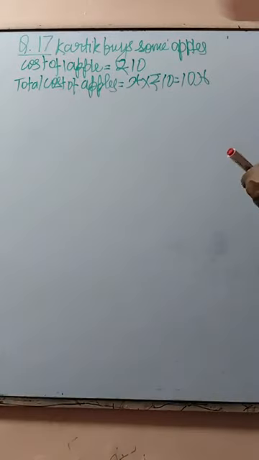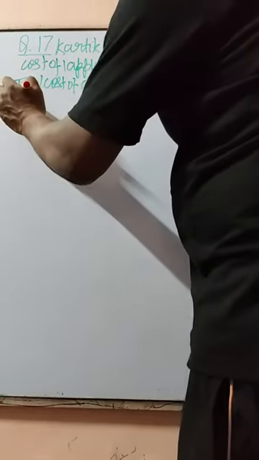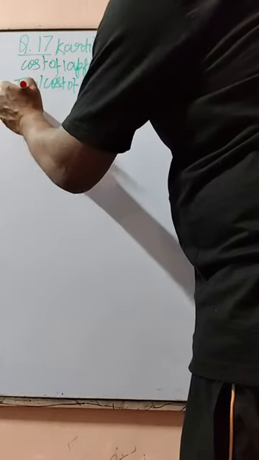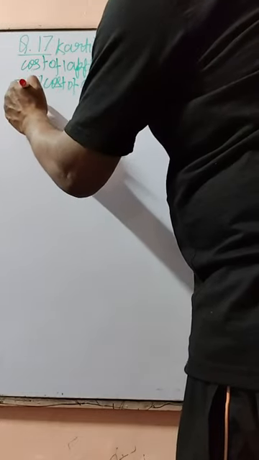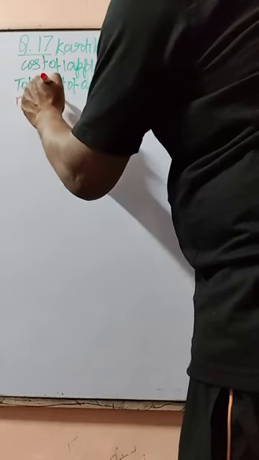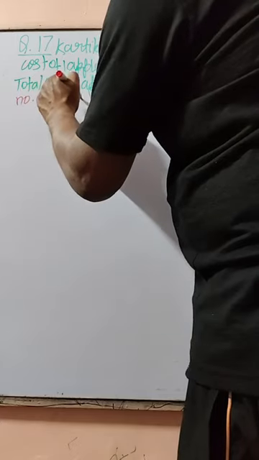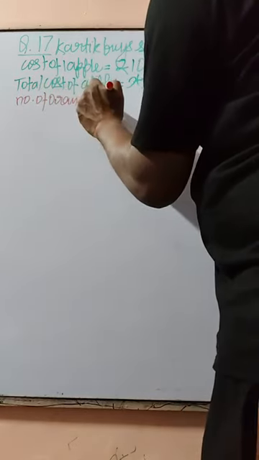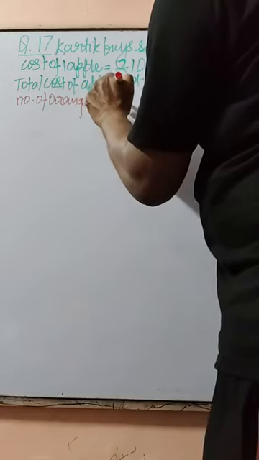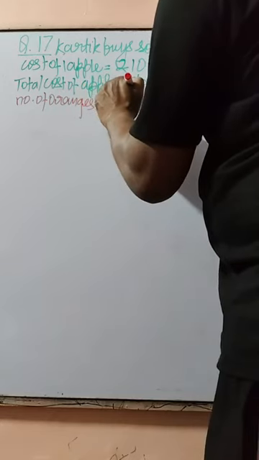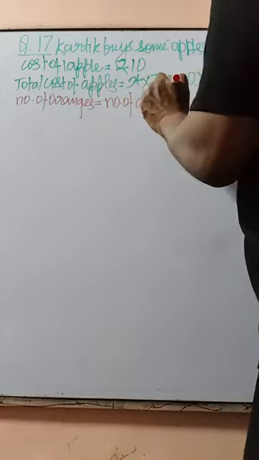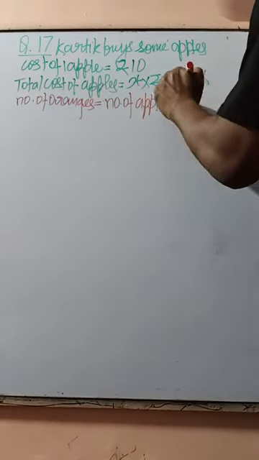Sir, he also buys an equal number of oranges at a new rate. Just wait. Number of oranges is equal to number of apples, which is equal to x.